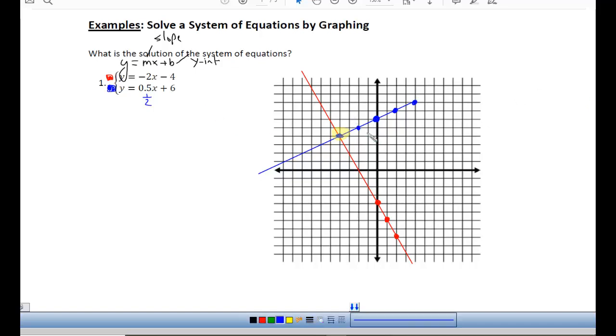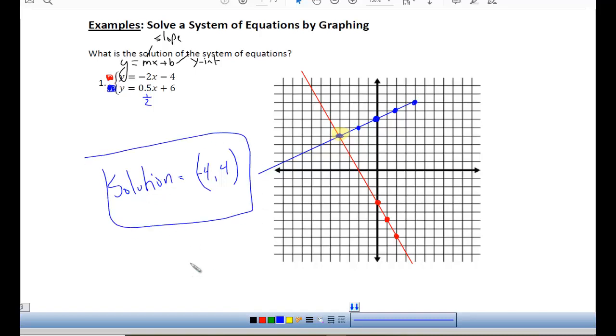The solution to this system is going to be 1, 2, 3, 4, so that's negative 4, and then up 1, 2, 3, 4. So really all that we've extended now is we are graphing two equations and then looking for the point of intersection. Where do they cross? Let's take a look at another example.